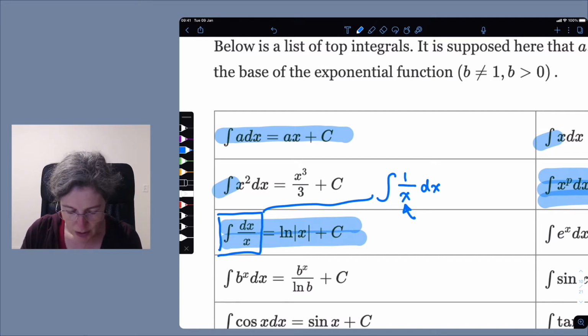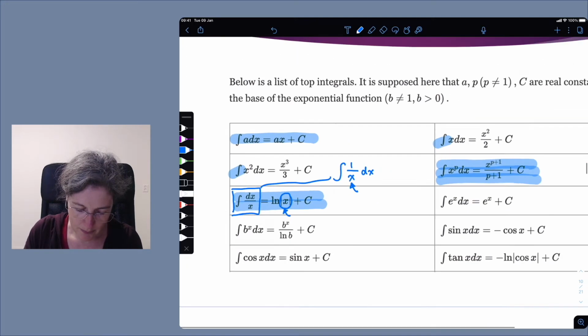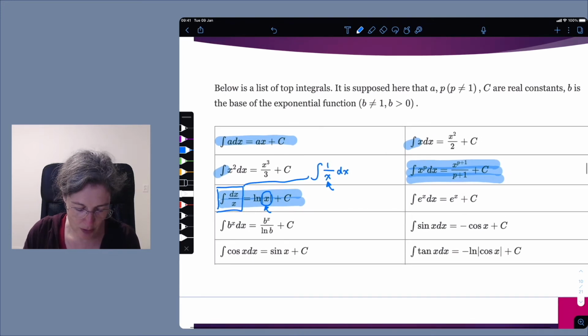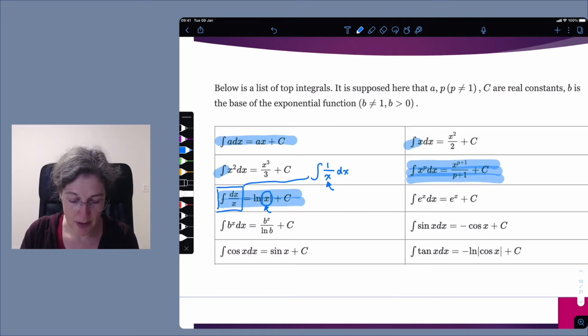But we're not allowed to put negative x's into the natural log because it's not defined for negative x's. So in order to deal with that issue, we put an absolute value around the x in our solution, to ensure that the thing we're putting inside the natural log is positive, so that the universe doesn't explode or something. Okay, so just be a little bit aware of that one.